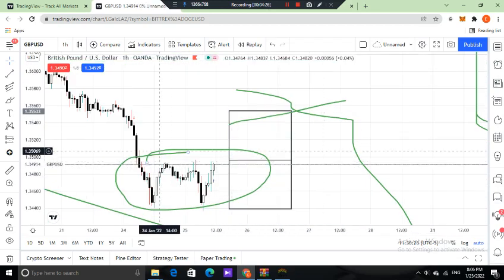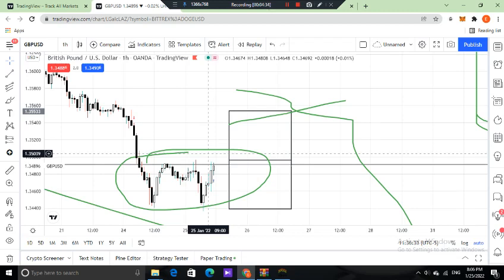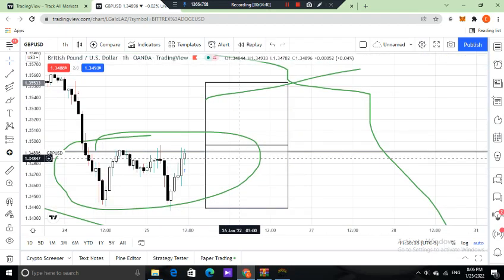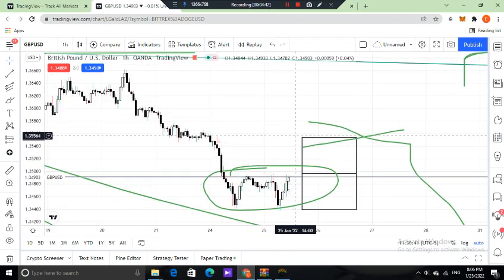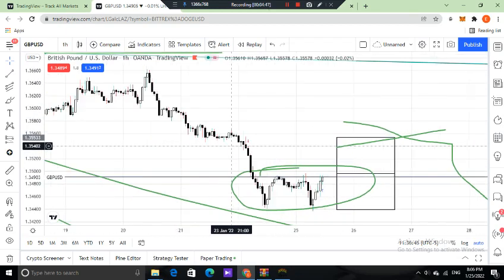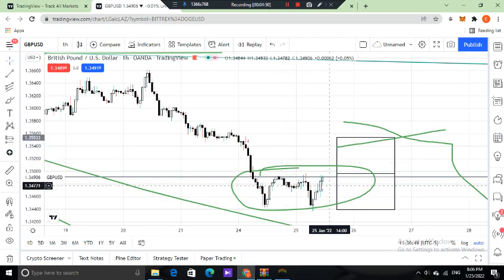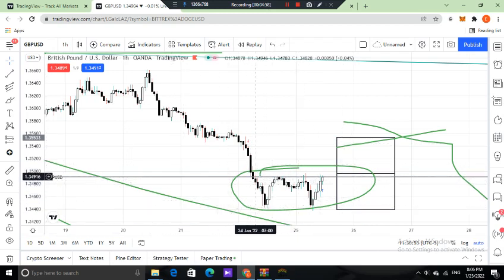And you know that if this double bottom breaks up and breaks this level up, we can expect to see a higher price, and we can expect this to give us a target and profit as much as the high of this pattern.